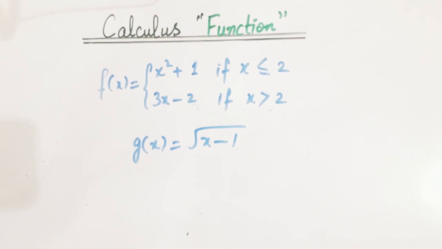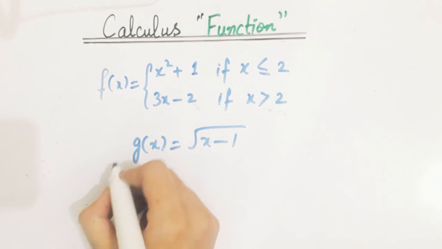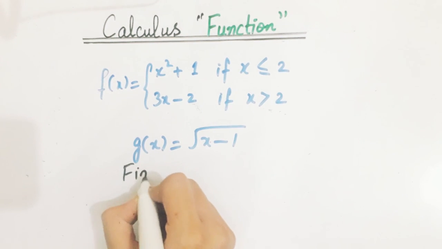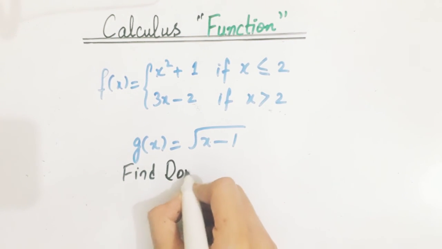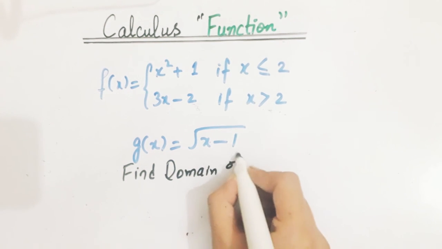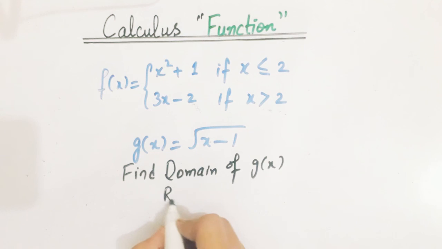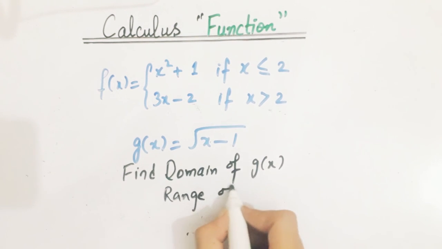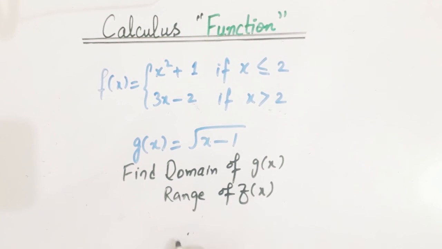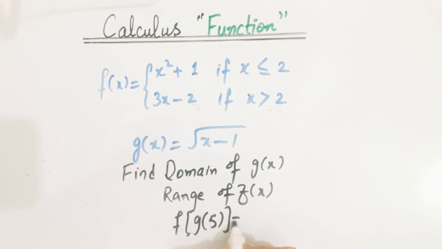Now, in this question, you will find the following things, and also tell the answer in the comment section. Find the domain of g of x, the range of f of x, and f of g of 5. You will have to find these.